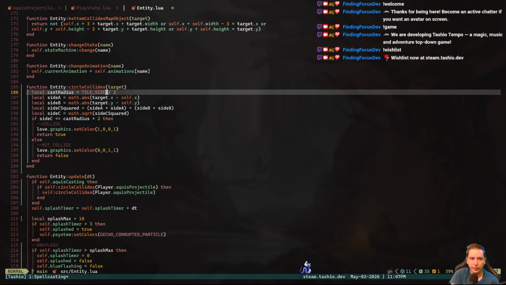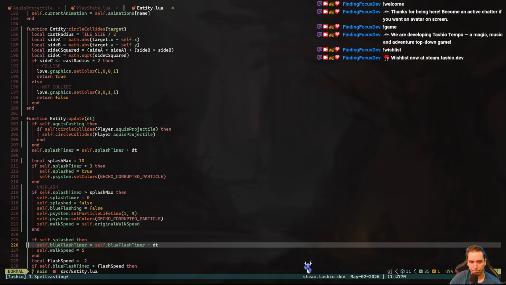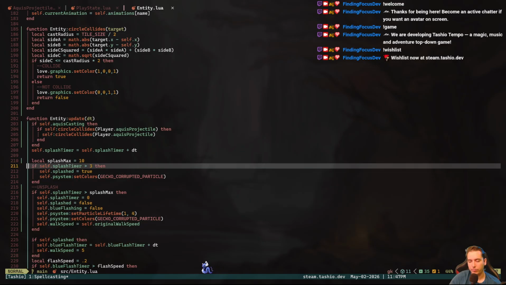Now we are setting colors here before we return. So that tells me if we actually invoke this as a function call, then if we love.graphics set color anywhere before that time where we're rendering, it'll come out in possibly a different color.